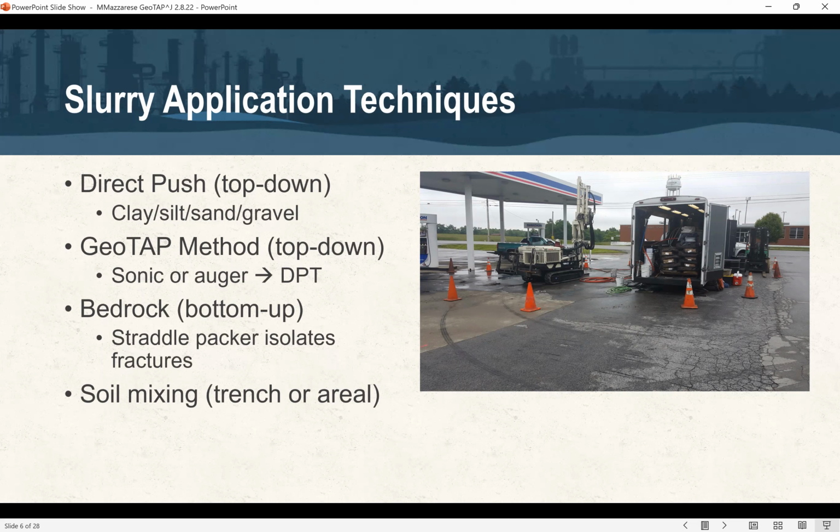You'll see a typical setup on the right, where you've got your injection trailer tethered to your direct push unit, and it's going to look very similar for this GeoTAP setup as well. But there's an intermediate step that we'll talk about in a minute, where we use something like sonic or augers before we use direct push.